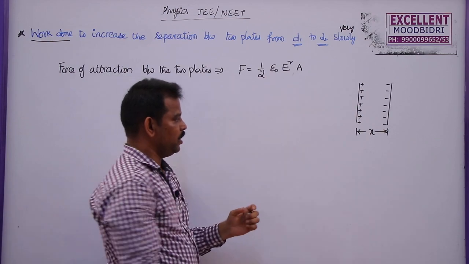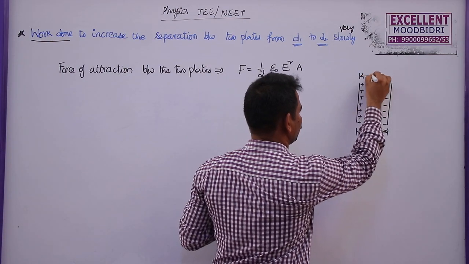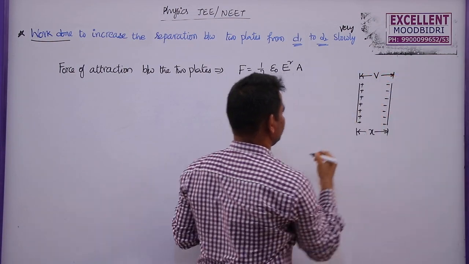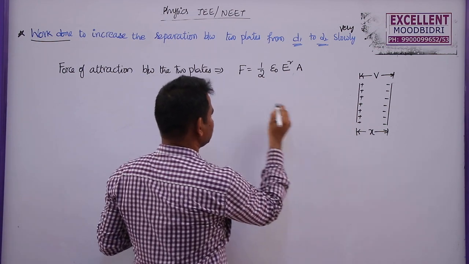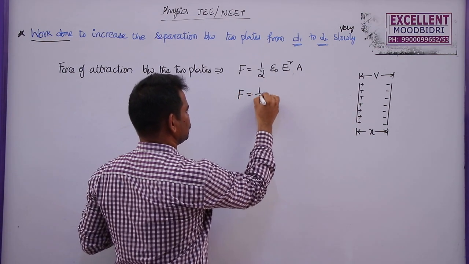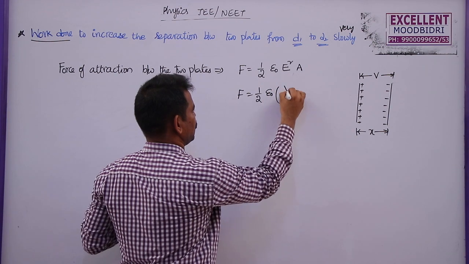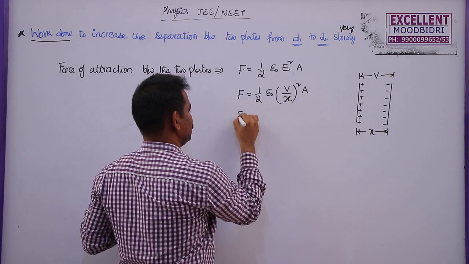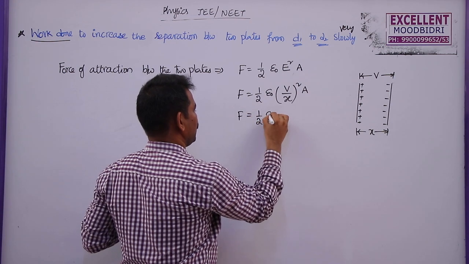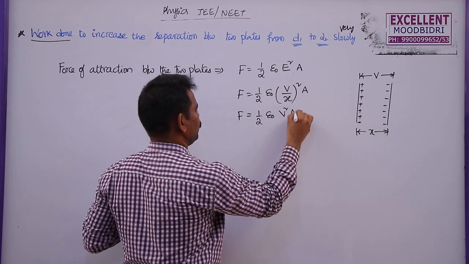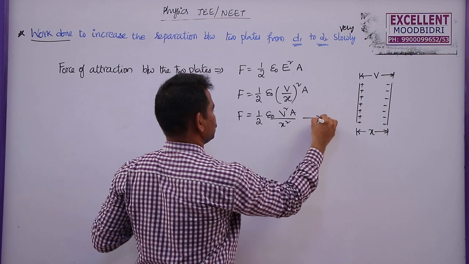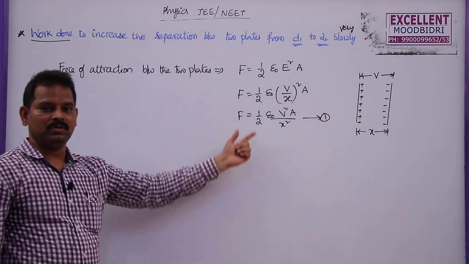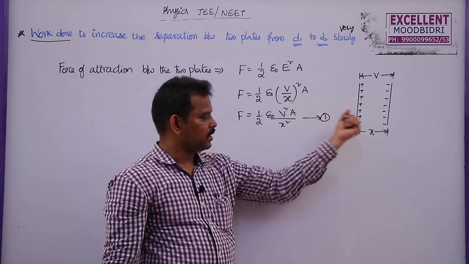Electric field between the two plates. Let the potential difference between the two plates be V and the distance be x. So this force can be written as half epsilon naught, potential by distance whole square, into A. The force is given by half epsilon naught V square A by x square, equation 1. So this is the force with which these two plates are attracted to each other.